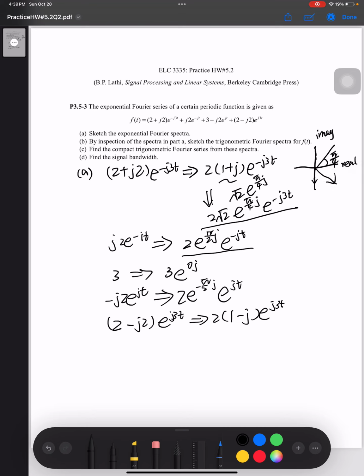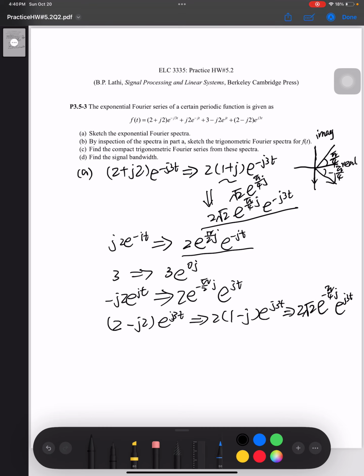So it's minus pi over 4. So we can get 2 times square root 2 e to the minus j pi over 4, times e to the j3t. So we get these 5 terms.